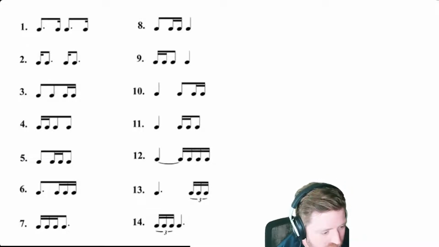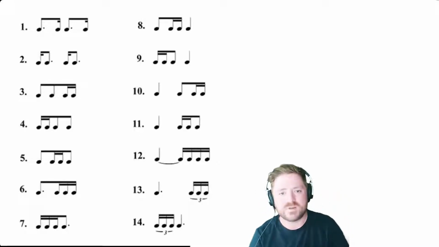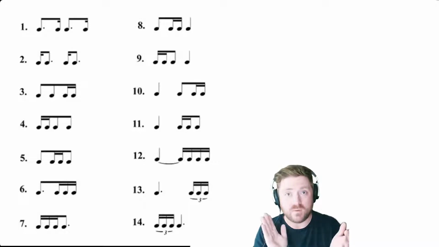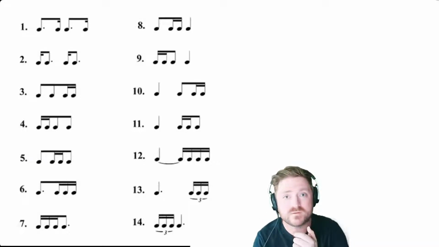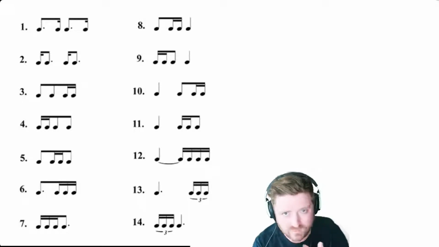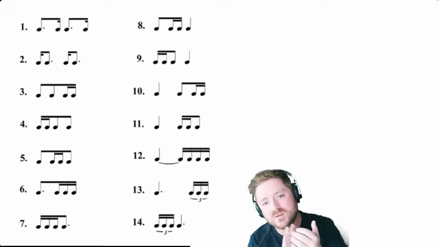I'm going to go to this one and make sure we can hear it. I might even slow it down a teensy bit. Actually, that's a bit fast. Let's slow that down. Here we go. Ready? So this is going to be number 6. 1, 2, 3. 1, 2, and 3, and 1, 2, and 3, and 1, 2, and 3, and 1, 2, and 3, and 1.